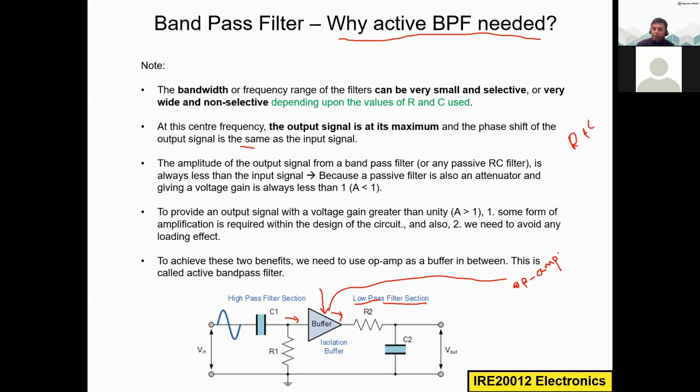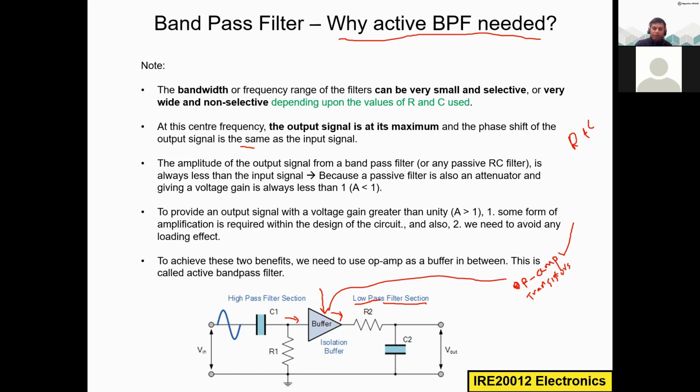The operational amplifier is one amplifier, and another one is transistors. We can also use transistors as an amplifier in between. The transistor can also isolate these two circuits and provide the amplification. Anyway, in this example, we will see only the operational amplifier as the buffer.